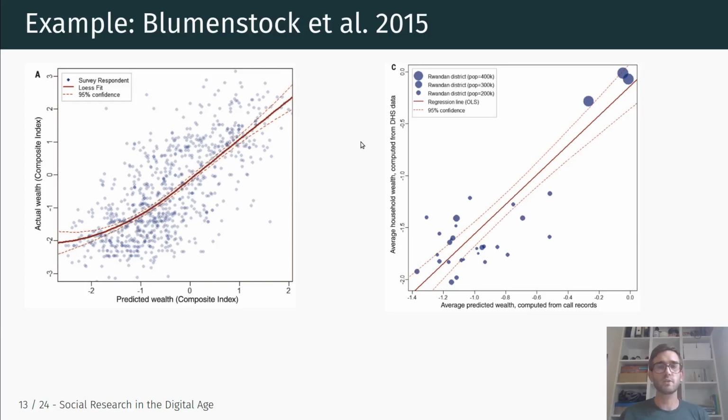And so what they're showing is that based on their call records, they have a pretty accurate prediction of household wealth in specific districts that matches the survey information, right? But the key advantage is that this is 10 times faster and 50 times cheaper than running a survey every year to get fine-grained information about wealth or poverty in specific districts.